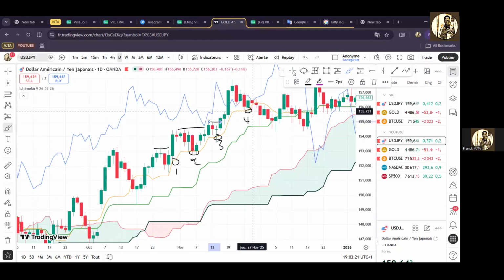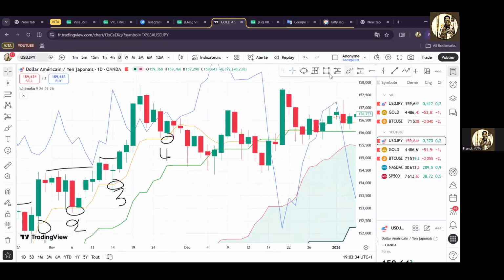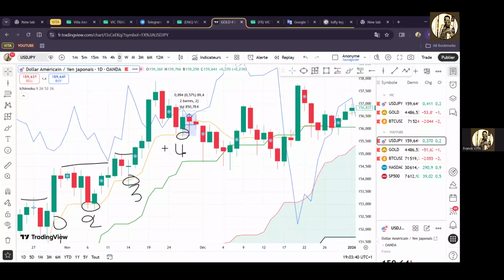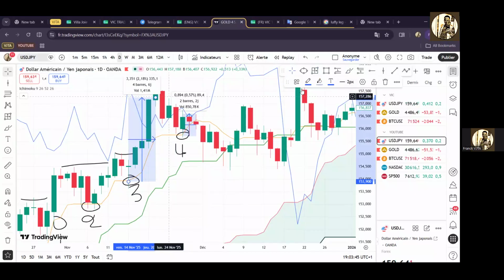But the fourth time, the size of the movement, the number of pips that the price moved to the upside was just 89, compared to the third time, which was more than 300 pips to the upside.